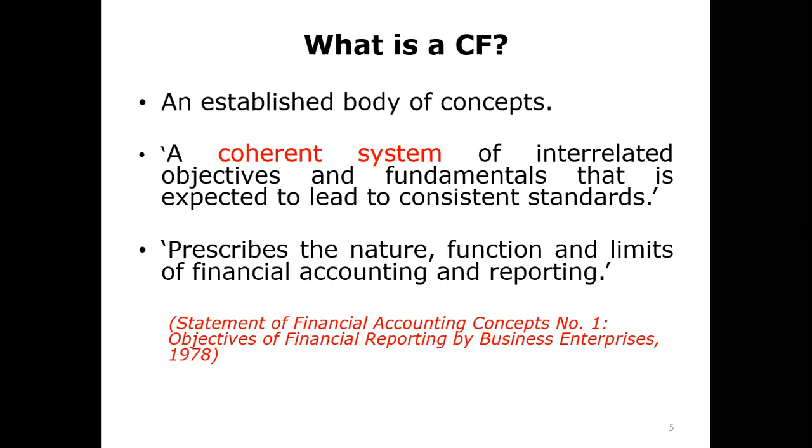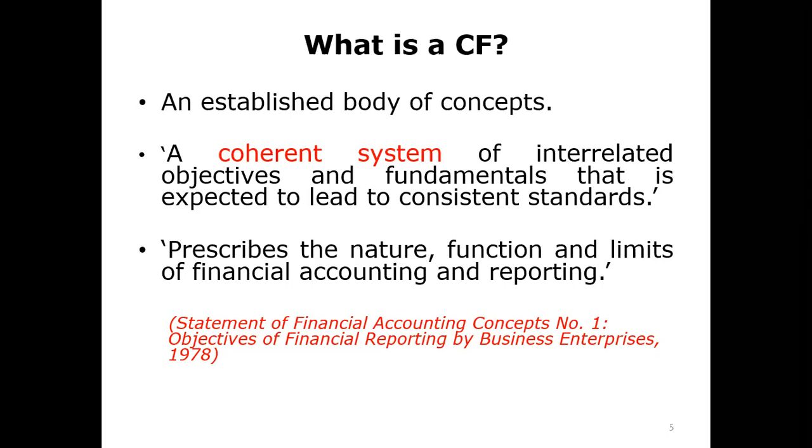So it talks about everything. It says that the conceptual framework is a logical system. So it's a coherent system. It is logically connected. If you take the building blocks of the conceptual framework, it is logically connected. It's a coherent system of interrelated objectives, right?